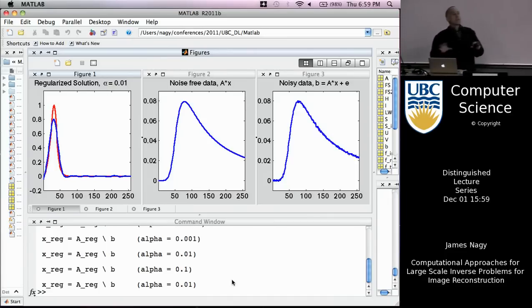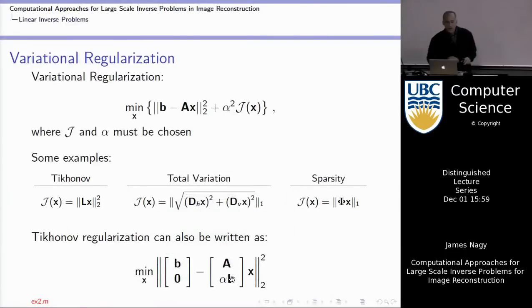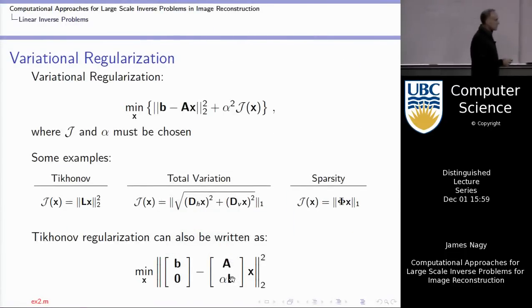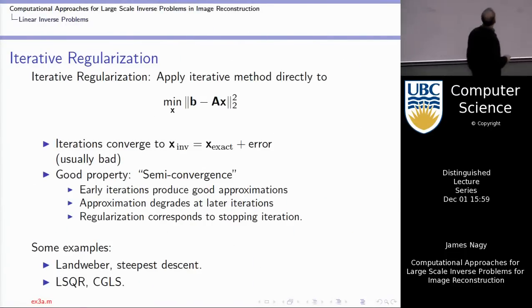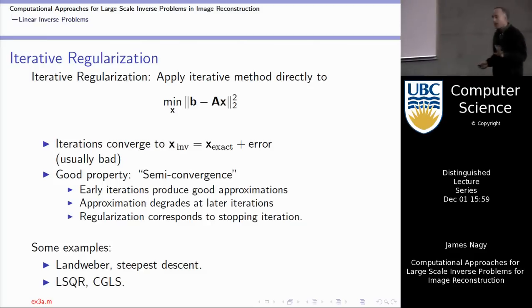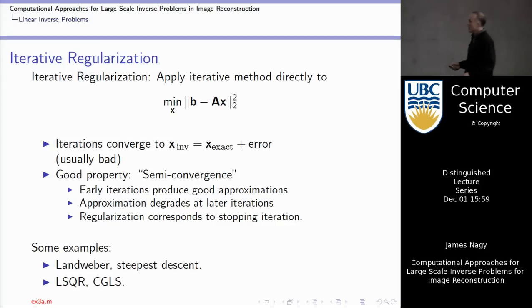Now, I'm never going to get the truth back. It's impossible to do that, of course, but my goal is to try to get as close as possible. Okay, so I used this filtering. I talked about filtering. I talked about this variational regularization.